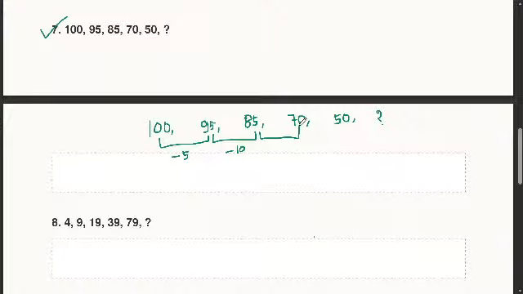Subtract 15 from 85 and we will get 70. Subtract 20 from 70 and we will get 50. So what do we subtract next? You can say 5, 10, 15, 20, and this will be 25. This is the pattern.